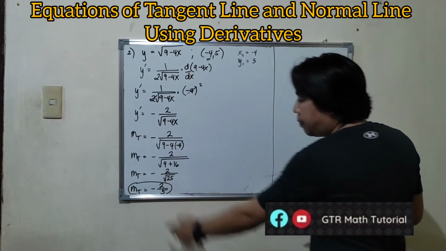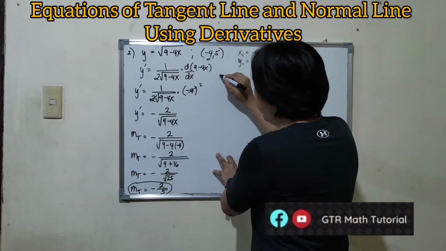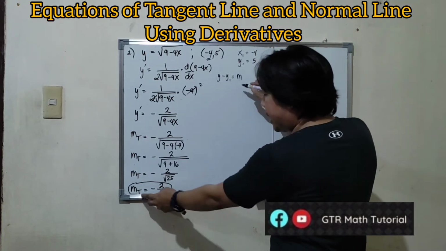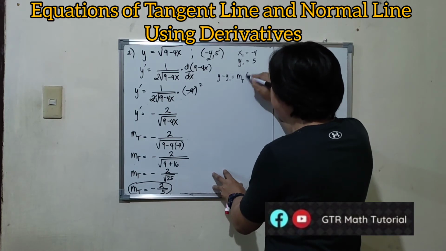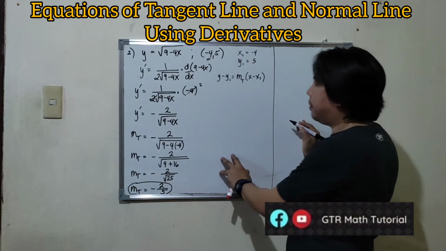And then we have the slope of negative 2 over 5. So use the point slope form: y minus y sub 1 equals the slope of the tangent line times x minus x sub 1. Just substitute all the given.